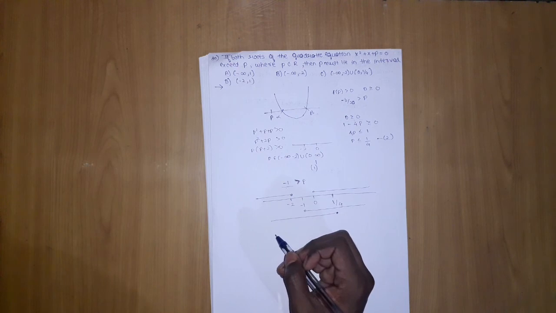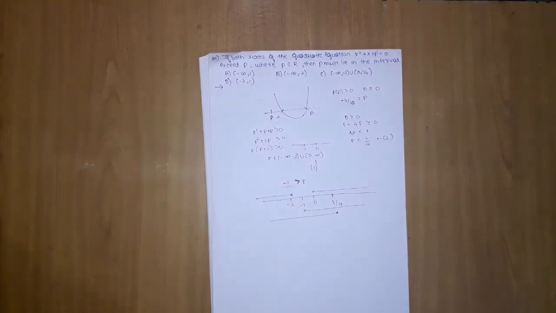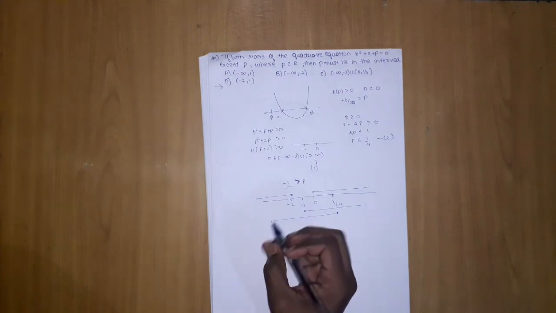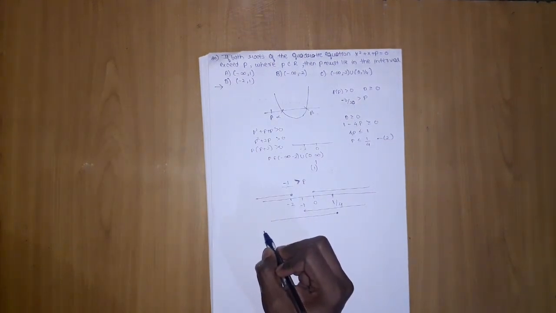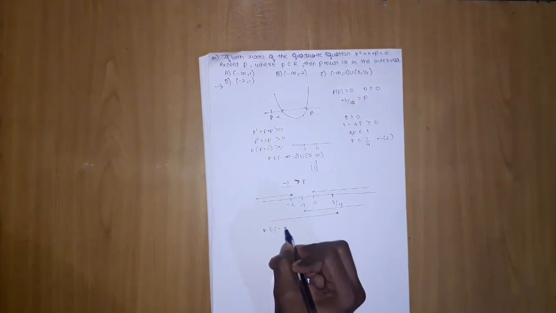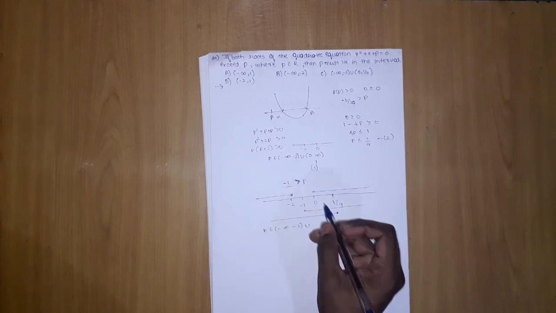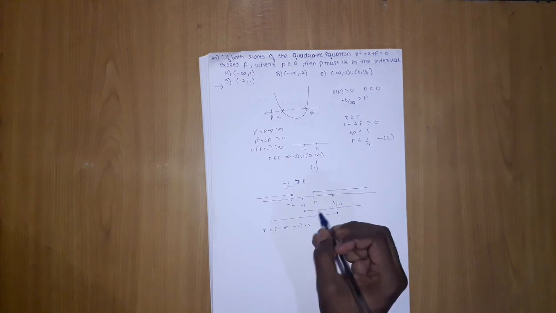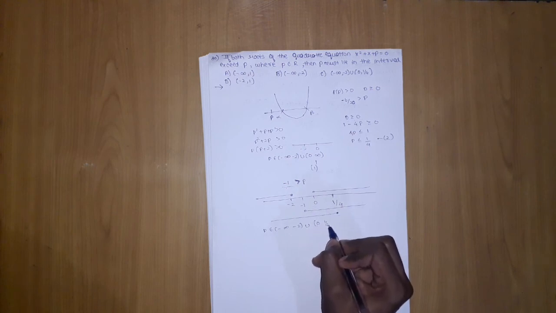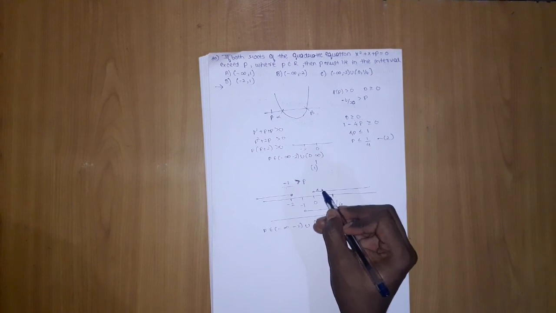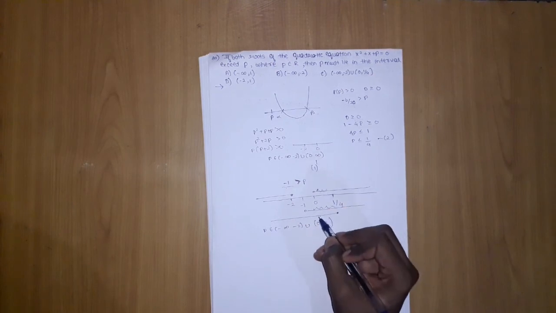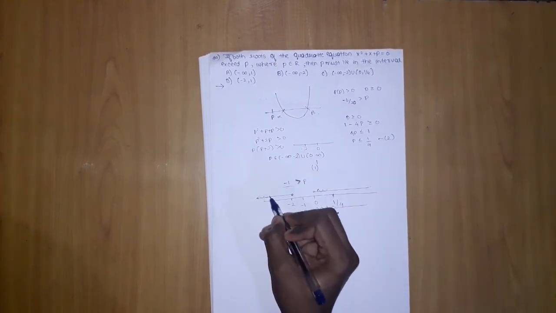But they have not given that option, so we have to choose the most considerable option, which should be p belongs to minus infinity to minus 2 union 0 to 1 by 4. This part is common in all of them, and this part is common in these two.